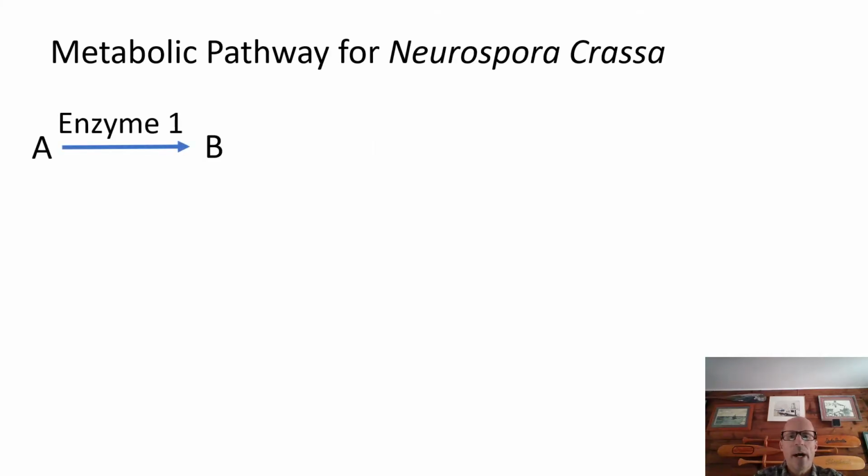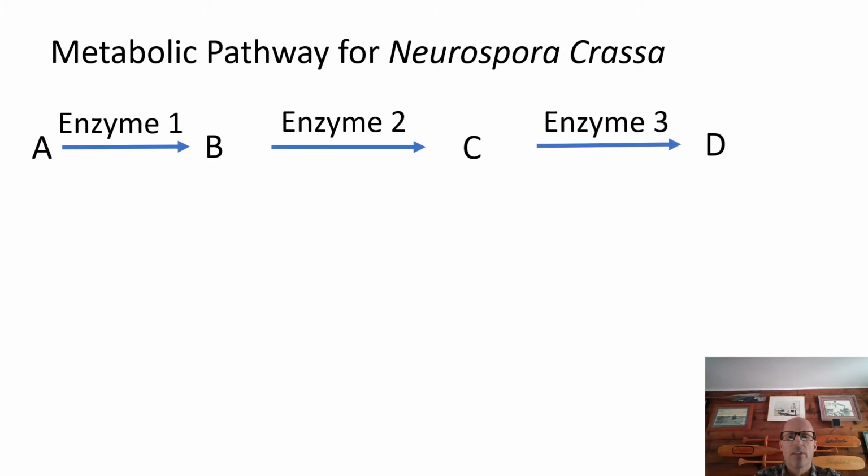The metabolic pathway for bread mold, or Neurospora crassa, involves 4 metabolites. Metabolite A is the beginning, and metabolite D is the ending. To make that bread mold, you need these 2 intermediates, what we call B and C. Each of those steps has to be catalyzed by a specific enzyme.